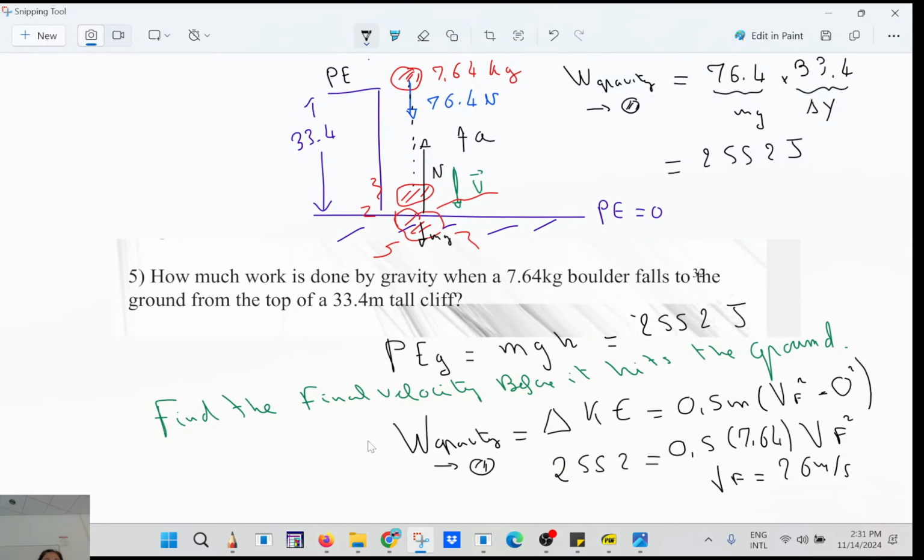By the way, we already did that in kinematics. In kinematics, remember we used that equation: final speed squared equals initial speed squared plus 2 times the acceleration, which was minus g because it's falling, times y. Very good. It's going to be the same thing.